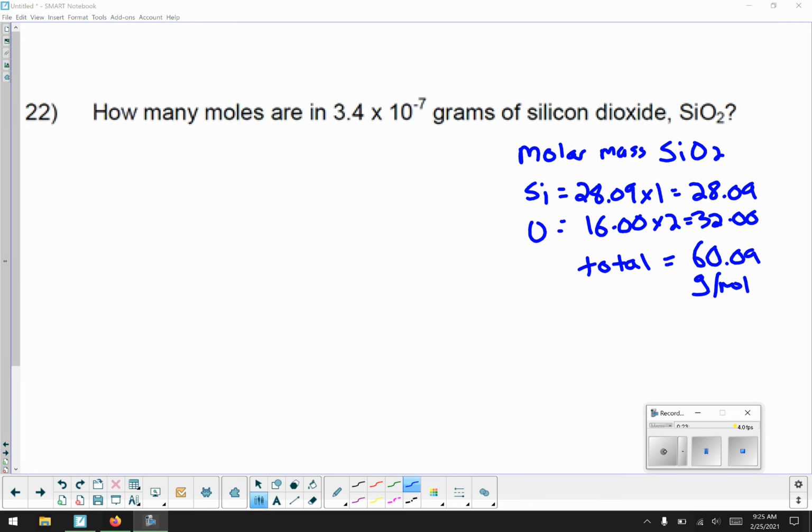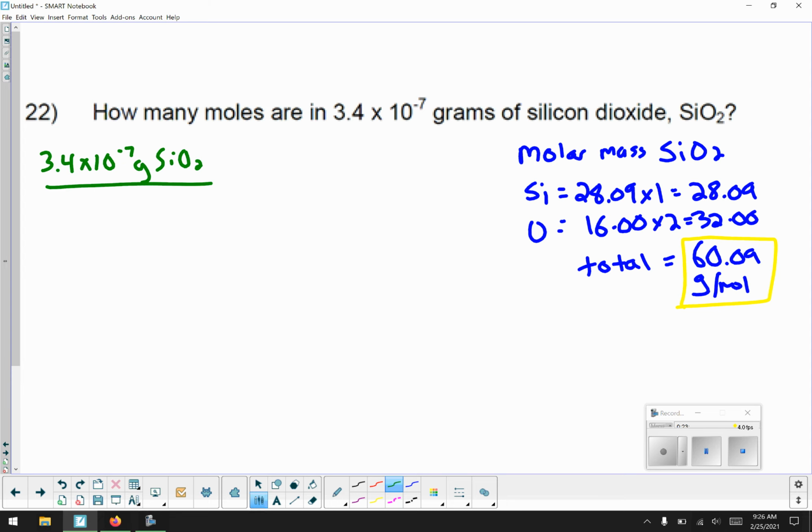So I've determined the molar mass of silicon dioxide just by adding up 1 silicon and 2 oxygens, and that molar mass is 60.09 grams per mole. So now I can set up my conversion. Again, start with what you're given. In this case, 3.4 times 10 to the negative 7th grams of silicon dioxide.